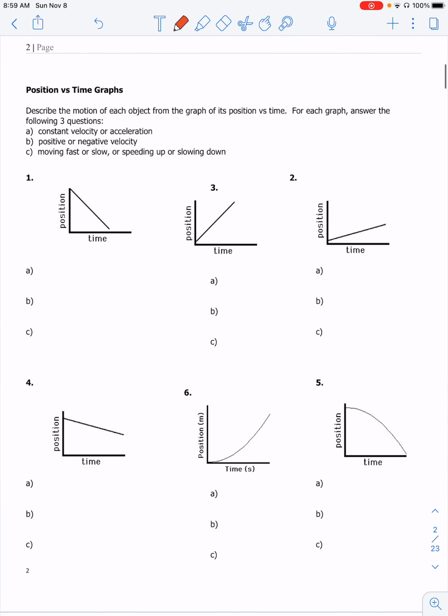Okay, now we go to motion graphs. Let's look at distance versus time graphs in this section.